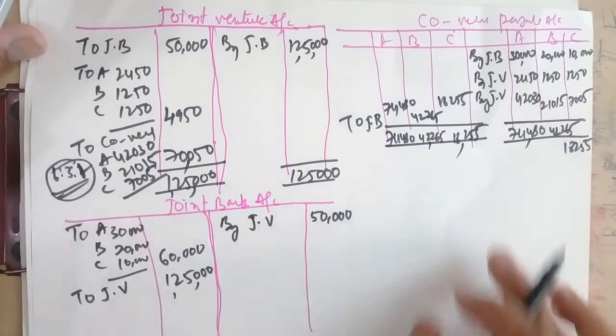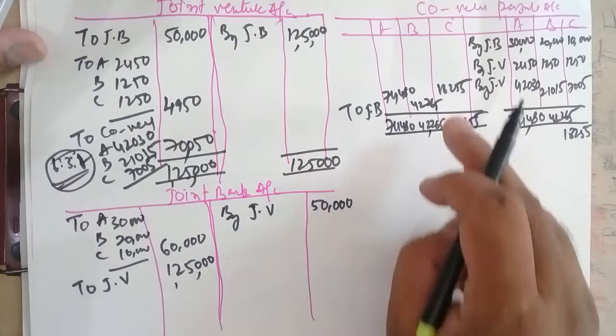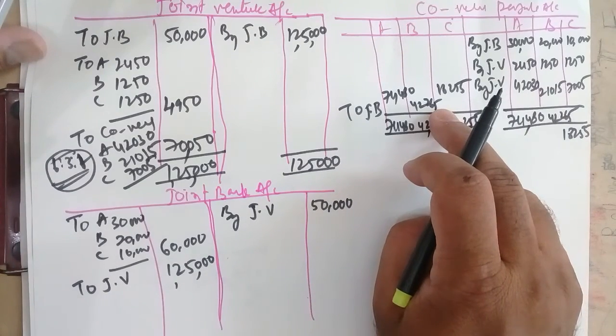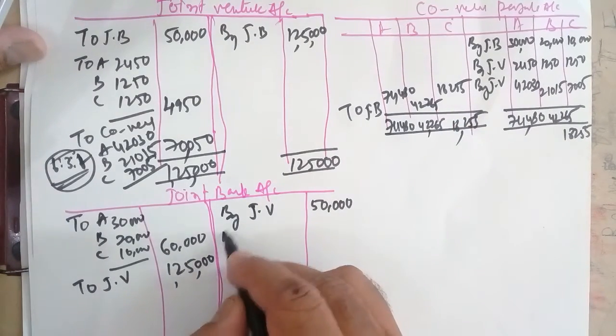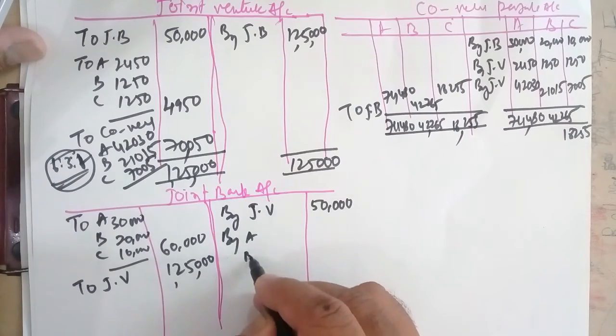Once you have transferred, here it is debited in the co-venturers account by joint bank. In joint bank account it will be credited by A, B, C.